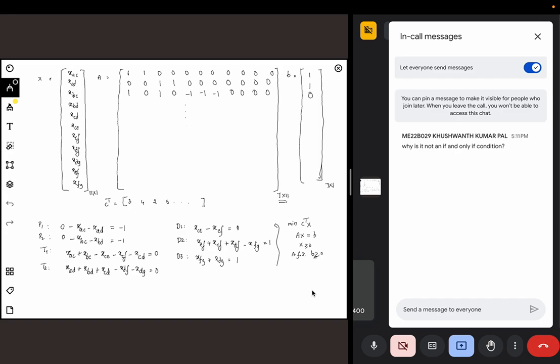So let's check that. Let's take the first column. Where will the minus one come in the first column? You have to just check these equations. There is the xbd coefficient, which is nothing, so this is 0. You check the xcd coefficient, xce coefficient, xcf coefficient, xdf coefficient, xeg coefficient.